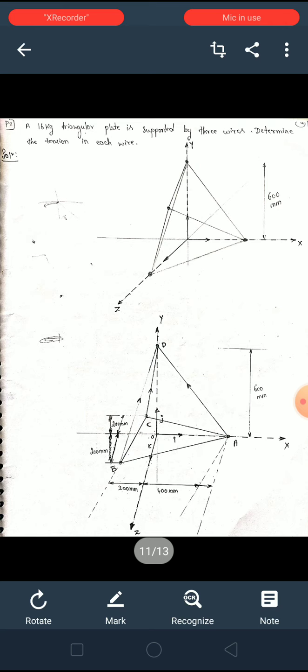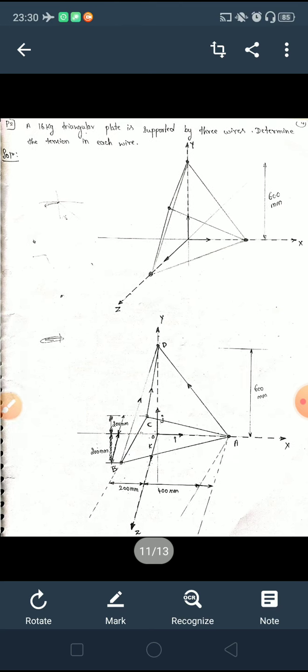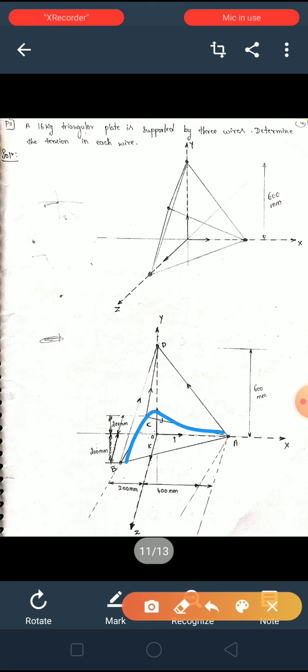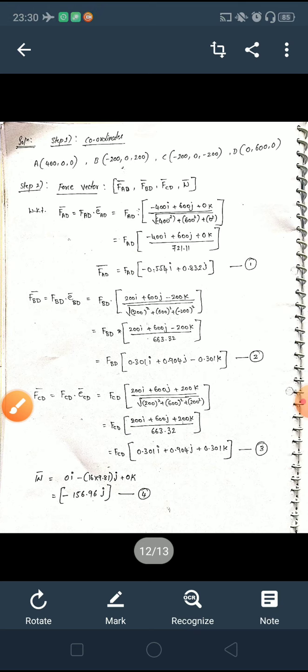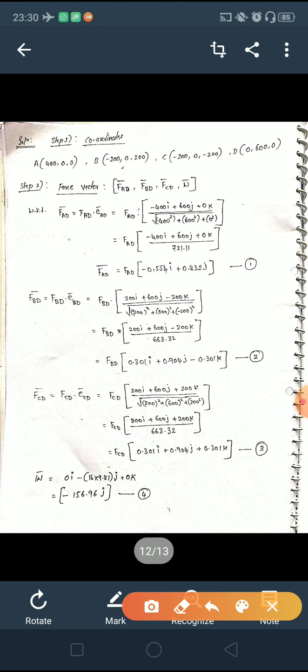So these are the three force vectors, plus W is there, the weight of the triangular plate, its W will also come. So we can see here there are four force vectors: FAD, FBD, FCD and force vector W.